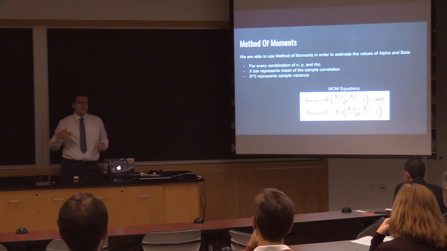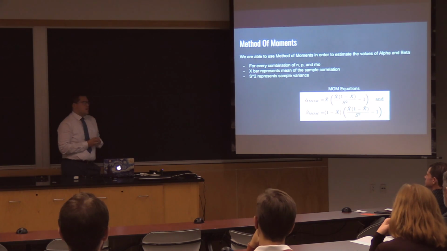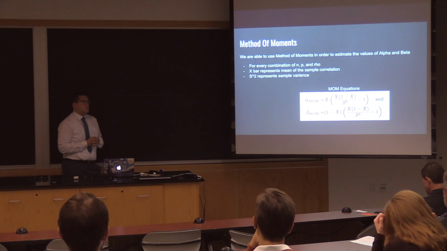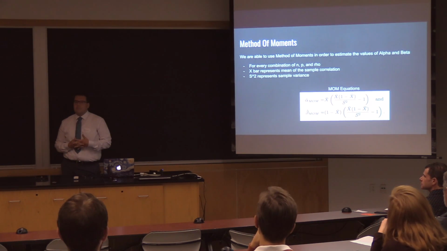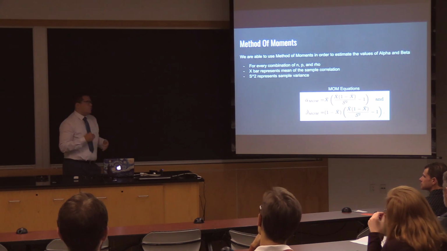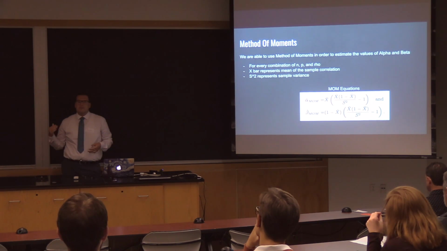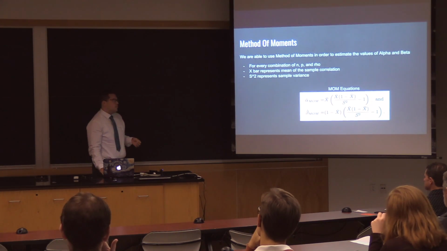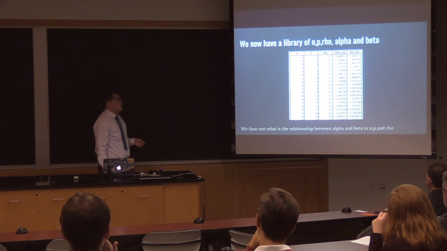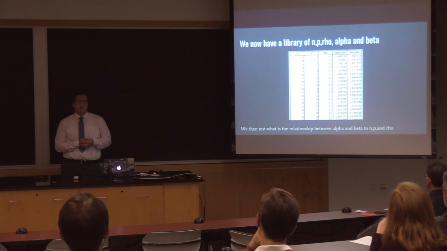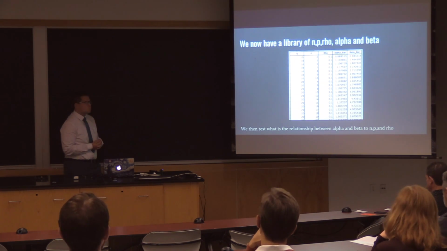We took the means of those and the sample variance of those and plugged them into the MOM equations, where the mean is represented by x bar and the sample variance is represented by s squared. We do this repeatedly for many different combinations of n, p, and rho, and at this point we have a very big library of values of n, p, and rho that correspond to alphas and betas.